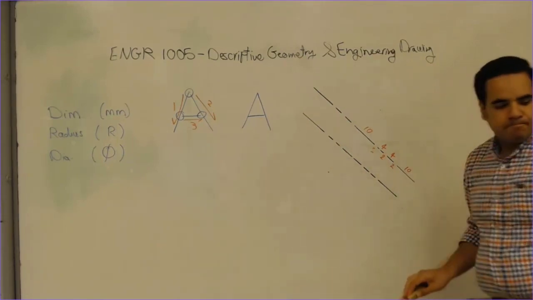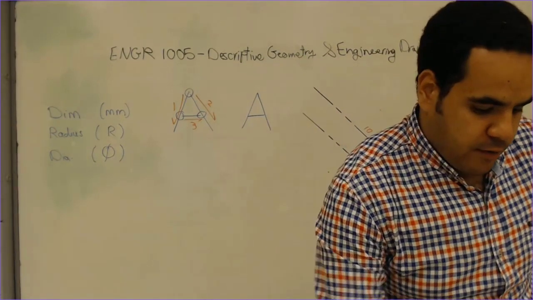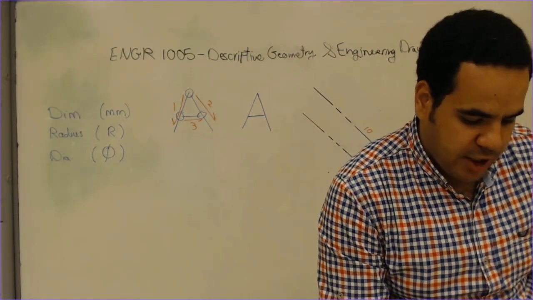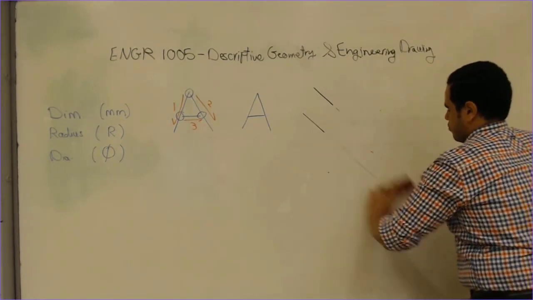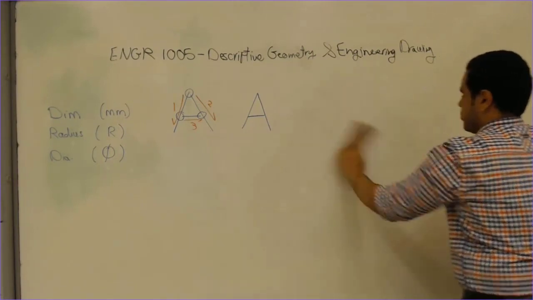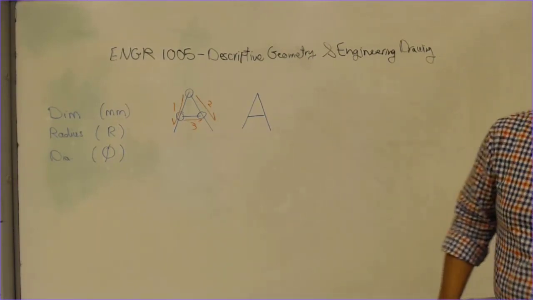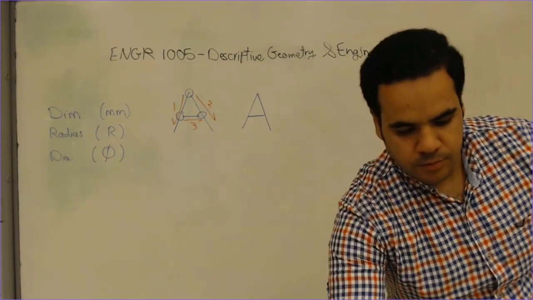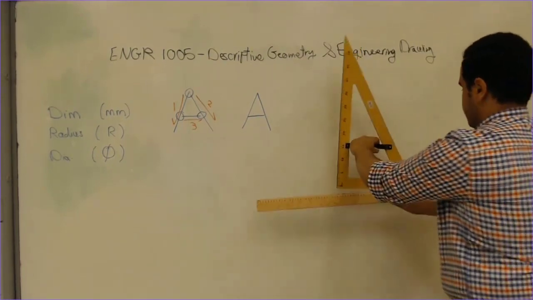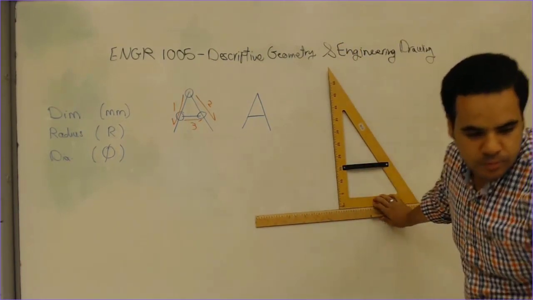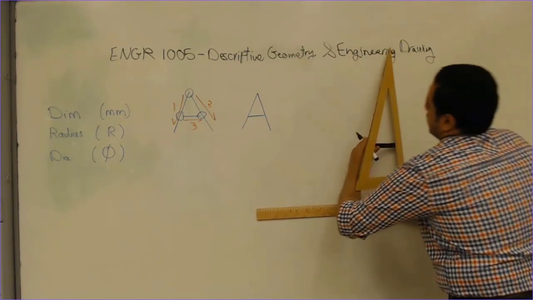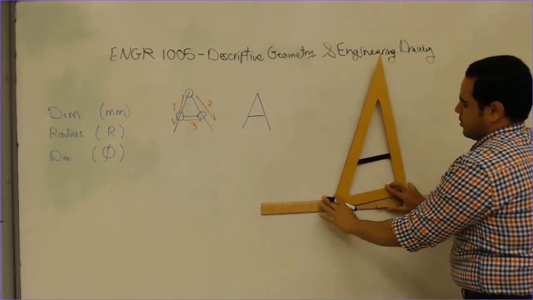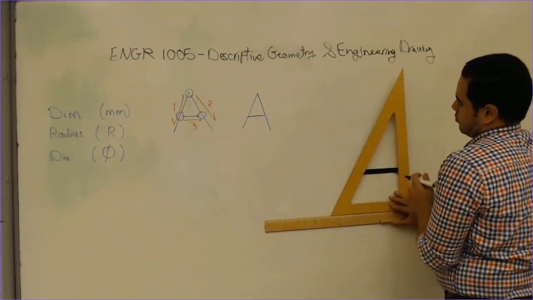Okay, so finally we are moving to the center line, which is drawn at a 60 angle. And unfortunately, it's drawn on this side.